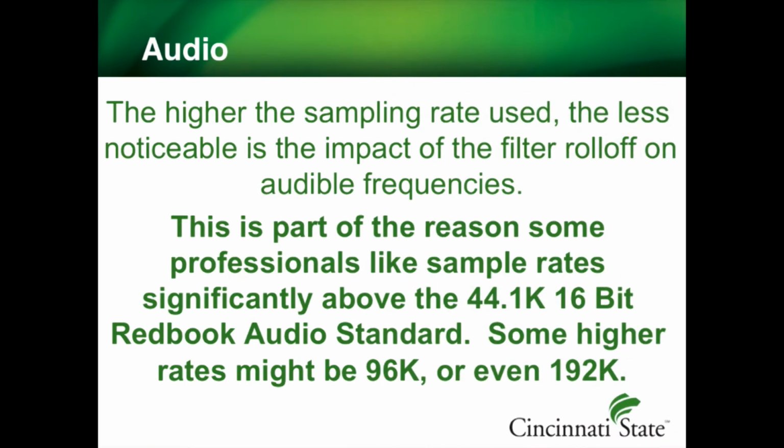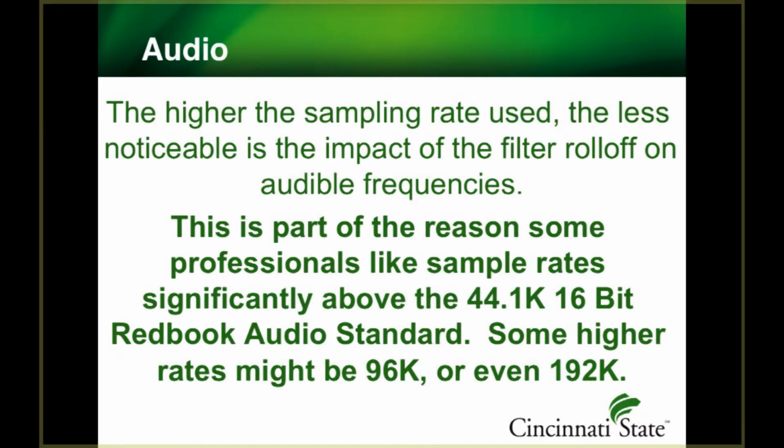Now you may have looked at this and gone, well, wait a minute, if the highest point in human hearing is 20,000 hertz, and by the Nyquist theorem, then that should mean we only need to record 40,000 hertz. Why is CD audio 44.1? By the way, that K just stands for 1,000. So that's 44,100 samples.